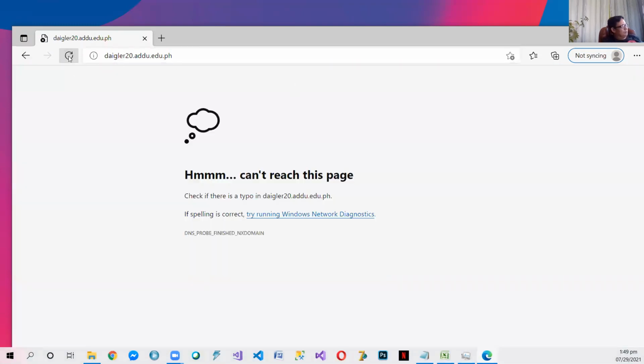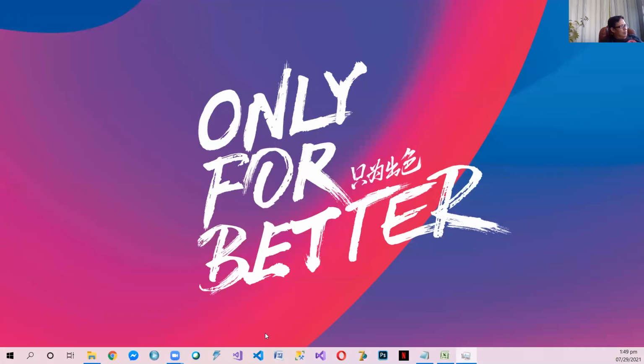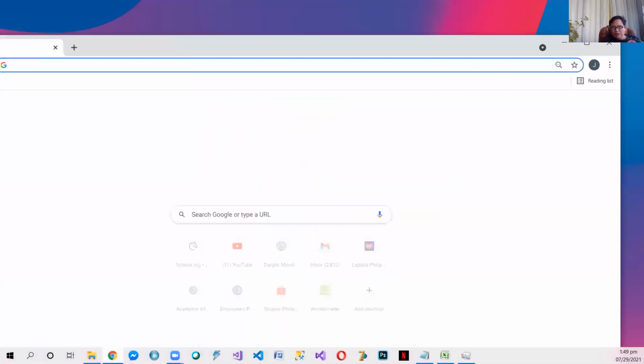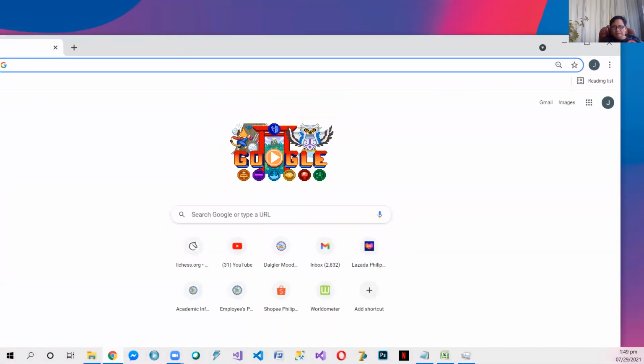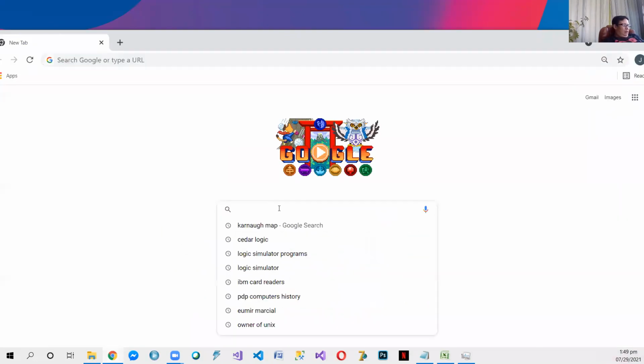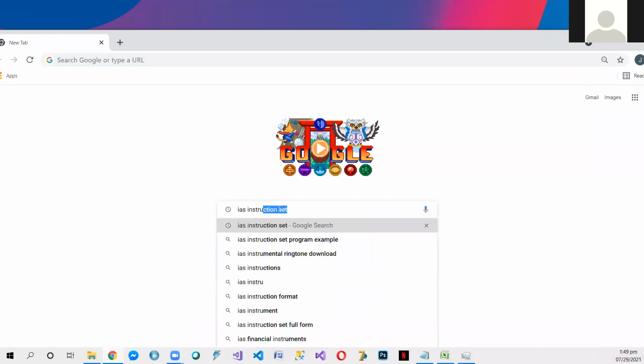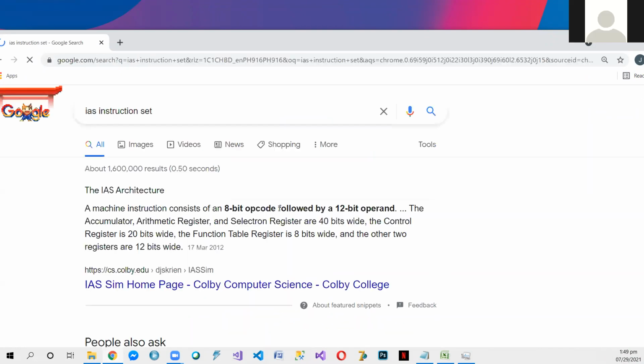Sorry, I can't connect. Let me just Google my source, because I can't seem to connect. Are we still online? I think so. Yes, sir, I'm connected to Sky Cable. Is there any problem with Sky Cable today? I didn't have any problem with Sky Cable ever since. Is there an issue with Sky Cable with the site?